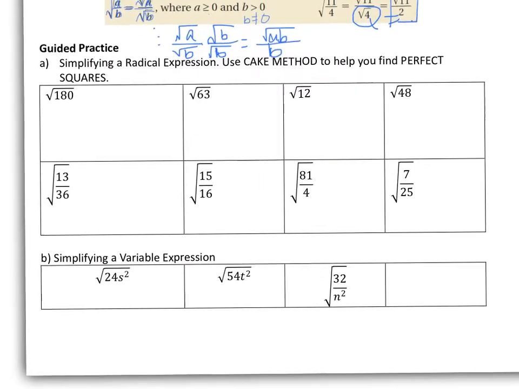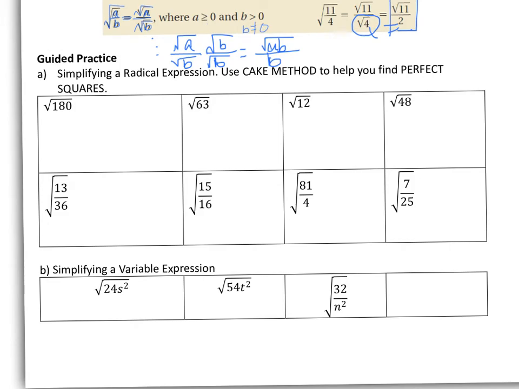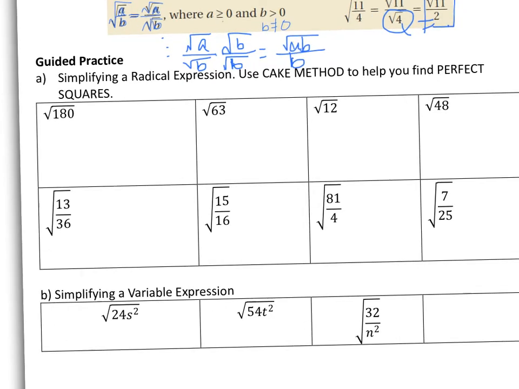So guided practice, simplifying the radical expression. Use the cake method to help you find perfect squares. So 180, and I know I have 36 times 5 to be 180.